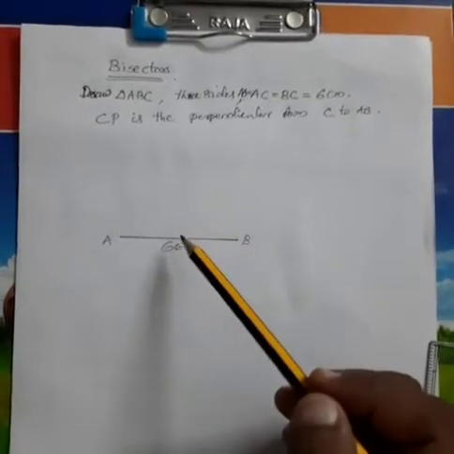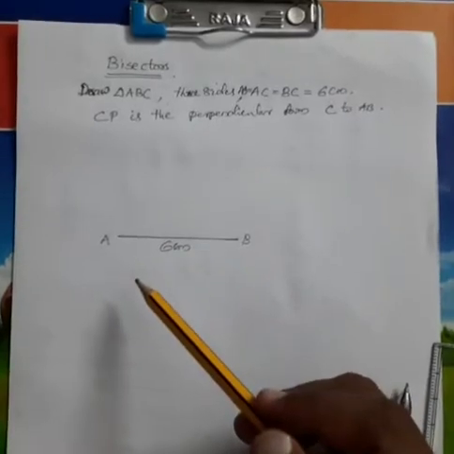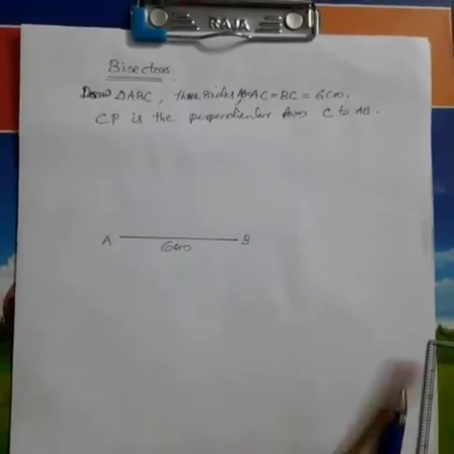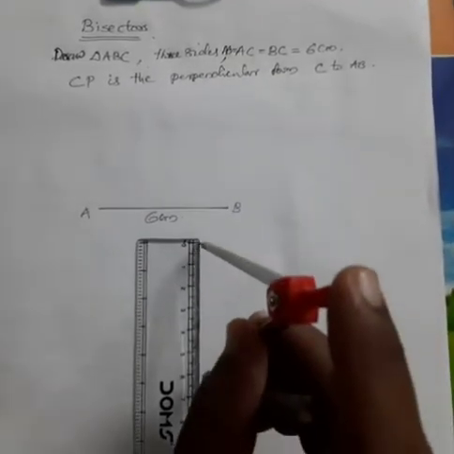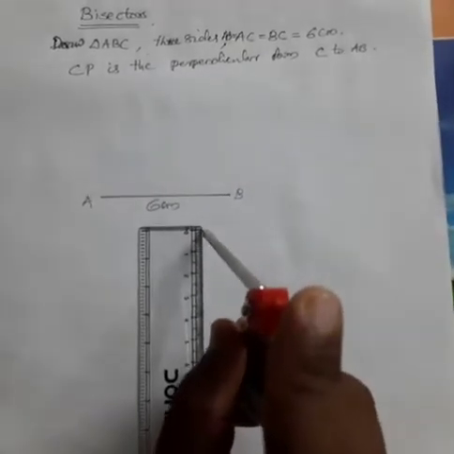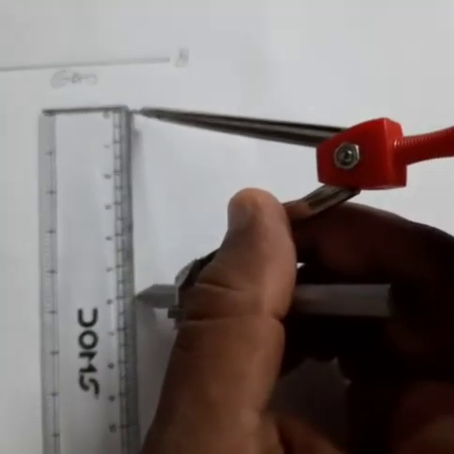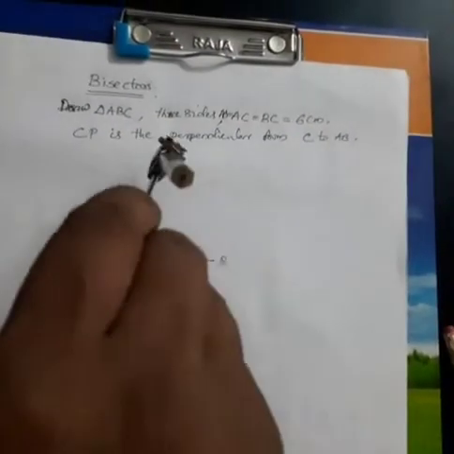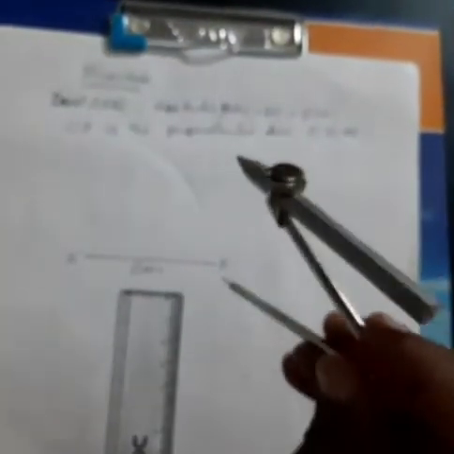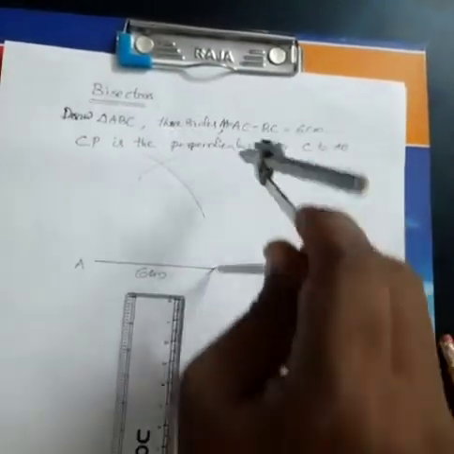If three sides are given, one side is already drawn, the other two sides we can draw with the compass. Mark 6 cm in the compass. So you can see here 6 cm. Then from A you have to draw the first arc. Same 6 cm from B you draw the next arc.